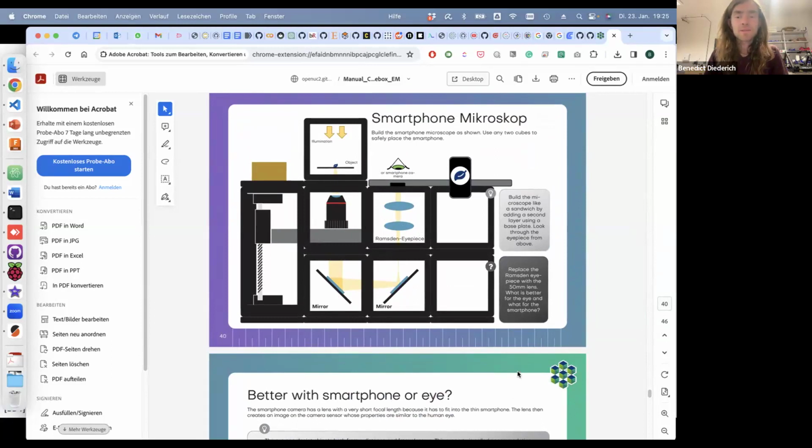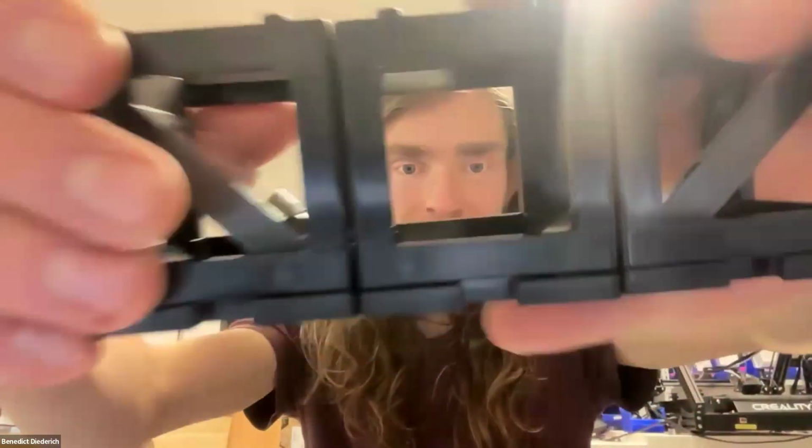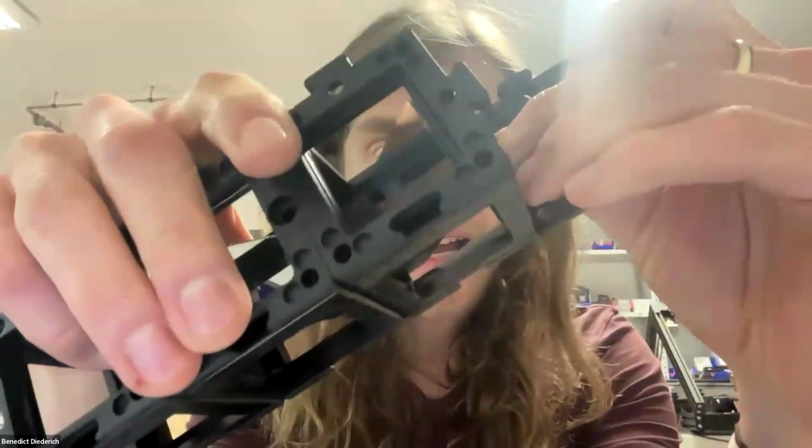So stopping screen sharing again and then just pointing to the camera. So this is what we have. The manual actually looks a little bit different. That's totally fine. So we have this here now, two mirrors. What we are doing now is adding the Z stage.